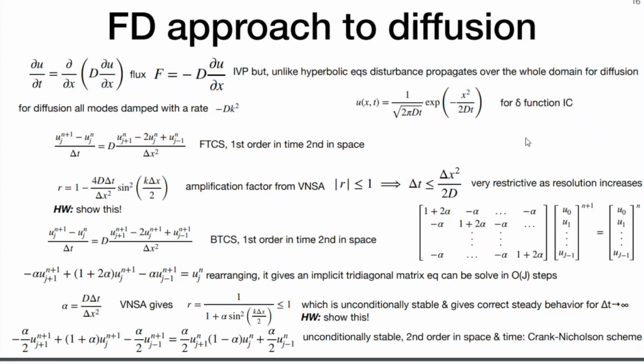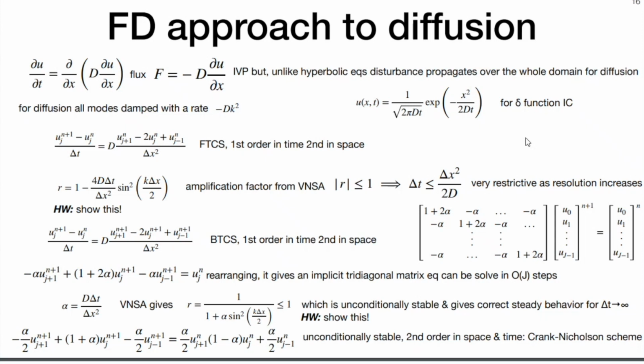In fact, this is a little different from the earlier equation because here the unknowns, the n plus 1 terms, are on the right hand side. So what you do in this case is you make it into a matrix equation. If you have n plus 1 terms on the right hand side, you have to bring them to the left hand side. But if you do that, you get a matrix equation. And this is how that matrix equation looks if you have periodic boundary conditions.